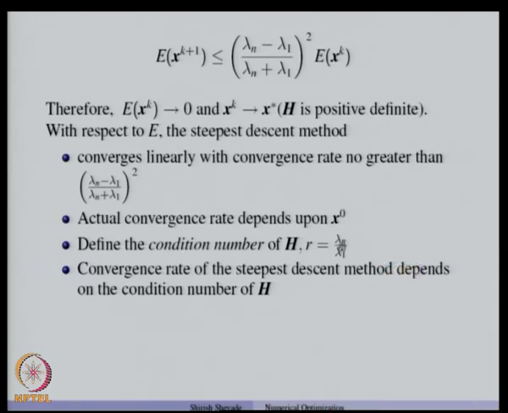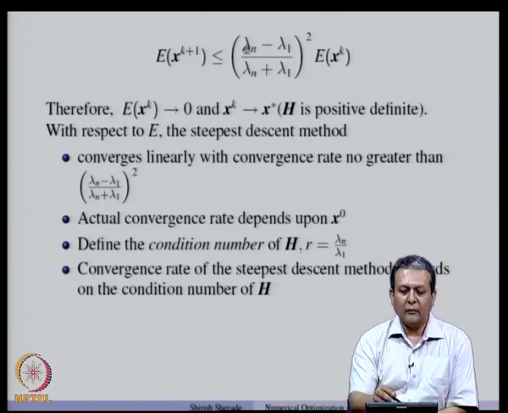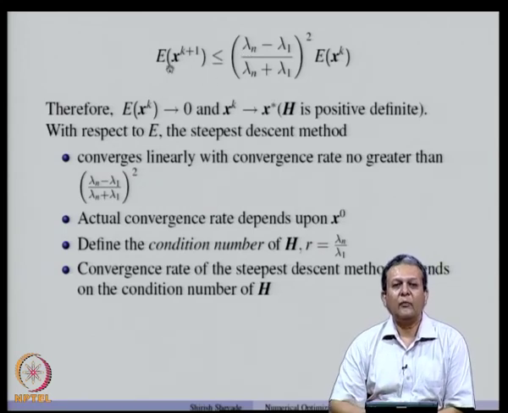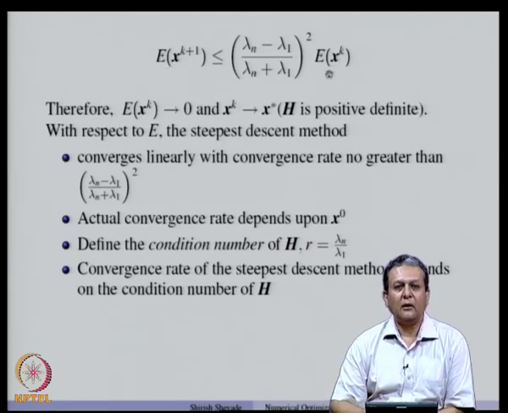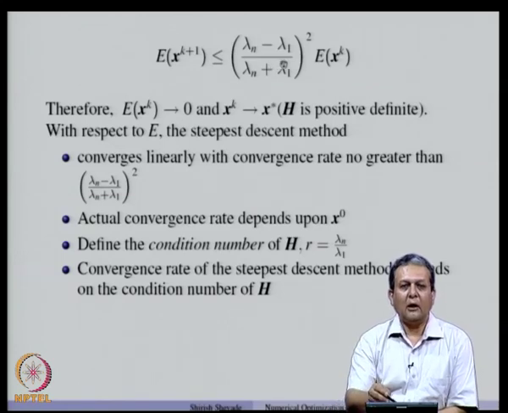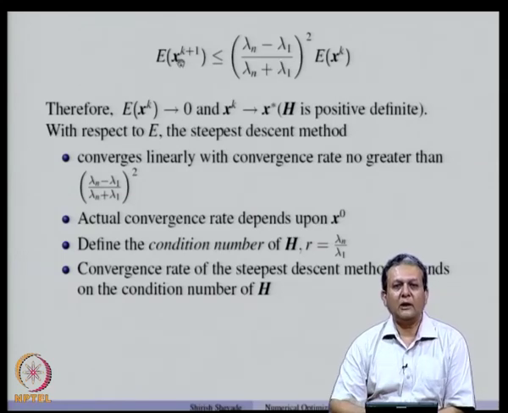Now, when this ratio is 1, when lambda n equal to lambda 1, then what we have is this quantity is 0 and then E of x k plus 1 will be 0. So, irrespective of your initial point, one goes to the minimum in one iteration.